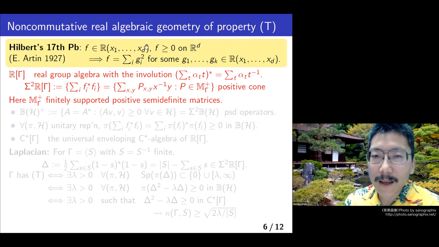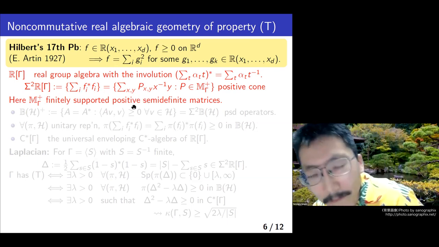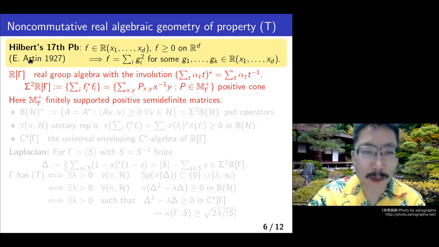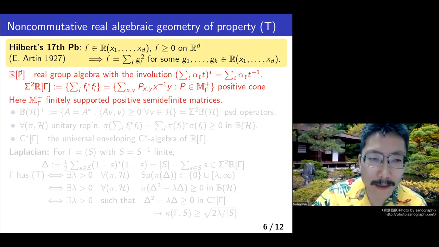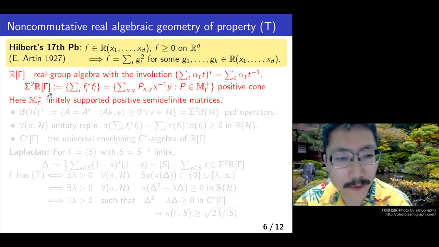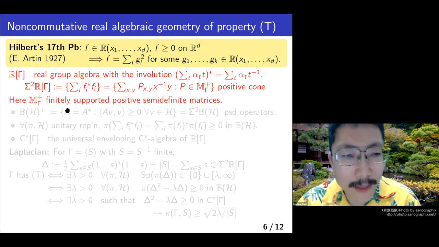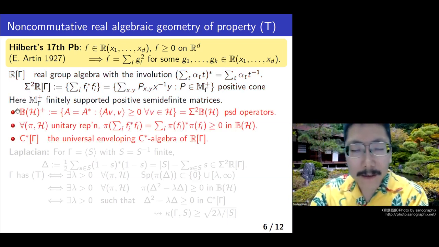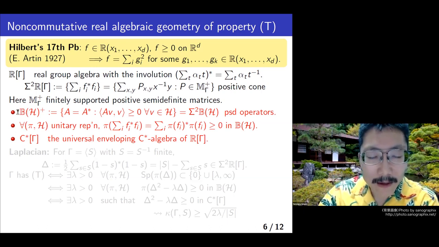So let's say F is non-negative on any orthogonal representation. Then we ask if it's a sum of Hermitian squares. That's the non-commutative Hilbert 17th problem. For some gamma it's true, like Z, but for some gamma it's not true, even Z squared, etc. But today we are interested in Kazhdan's property T.